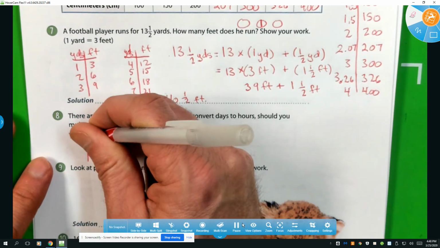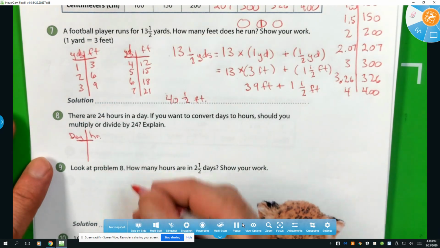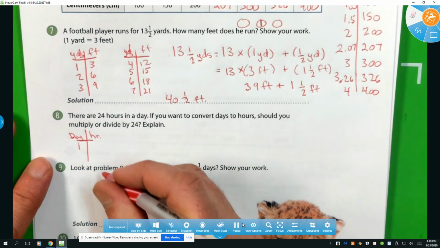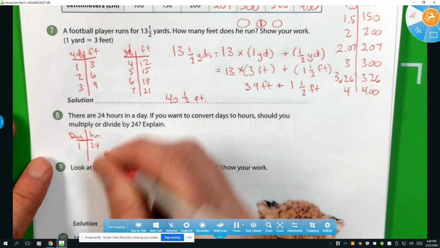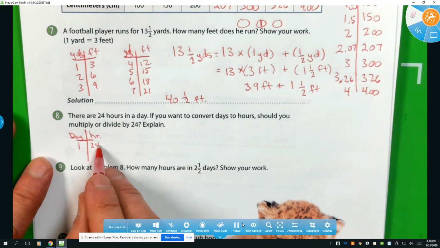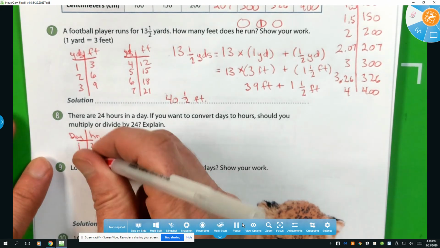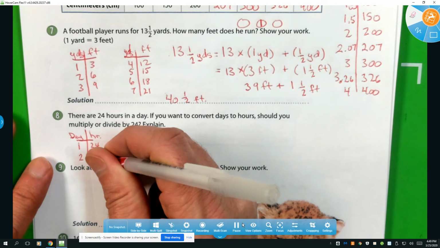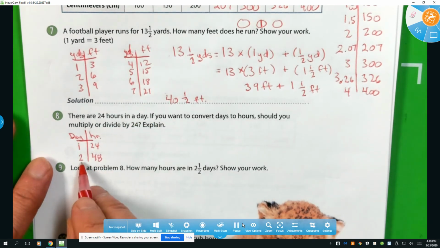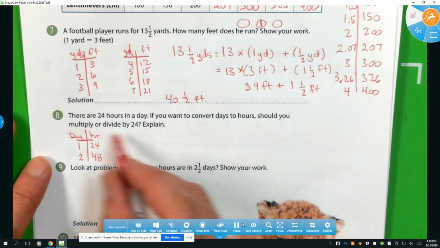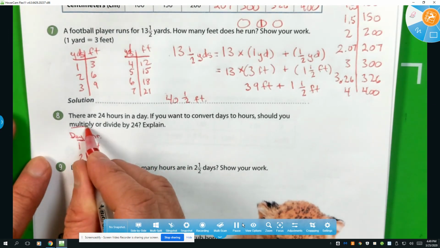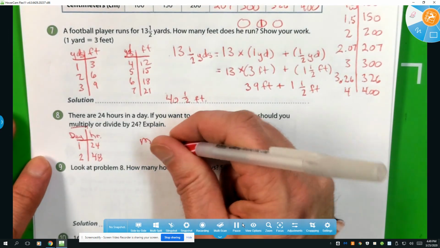Day, hour. 1 day, 24 hours. How did I get from here to here? 2 days, 48 hours. What did I do? What did I multiply 2 by to get to 48? So, do I multiply or divide? I multiply by 24.